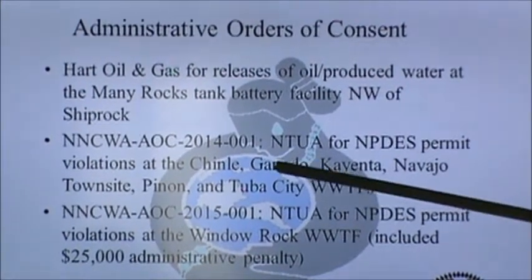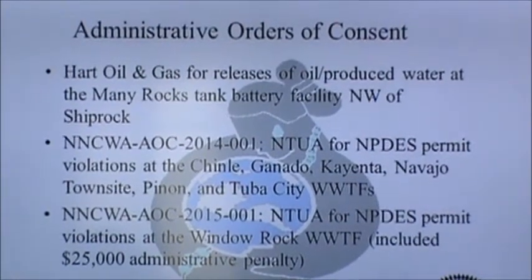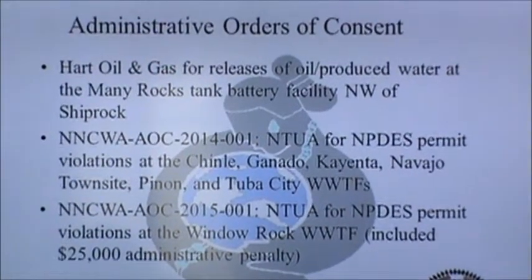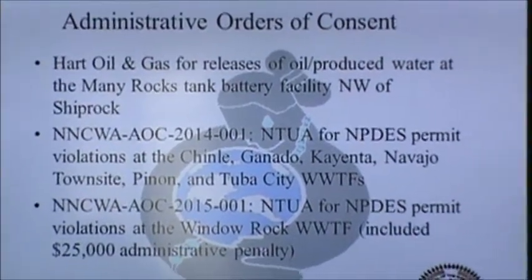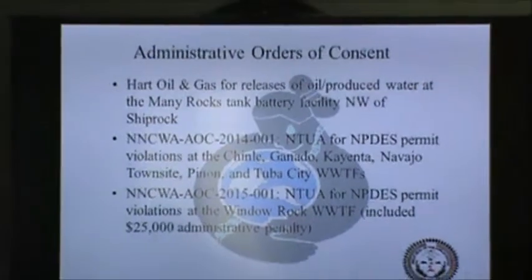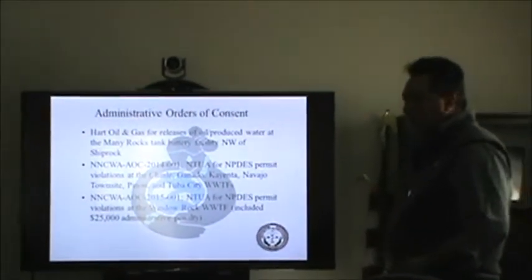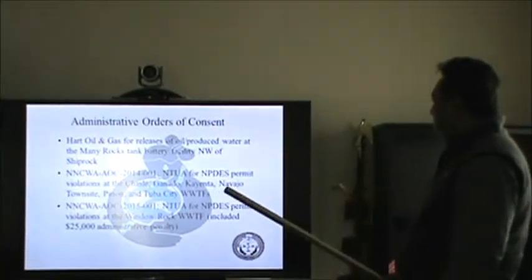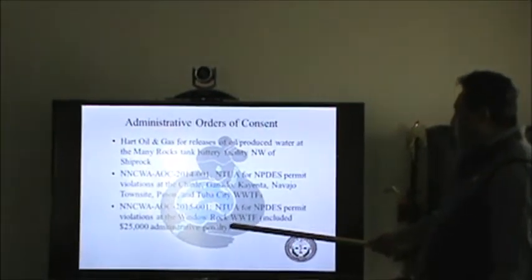This bullet point here, we issued a notice of an order of consent for 6 treatment facilities. And they're still ongoing. They've submitted compliance plans and how they're going to address the problem, and now they're supposed to be implementing the compliance plan, with a final date of October 31st, 2016. This last one is against Winter Rock.